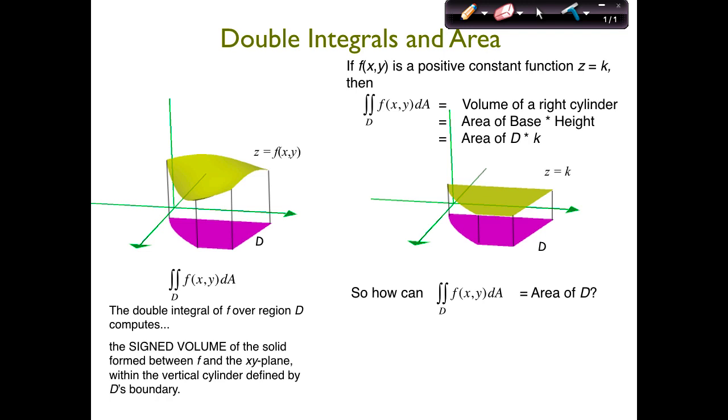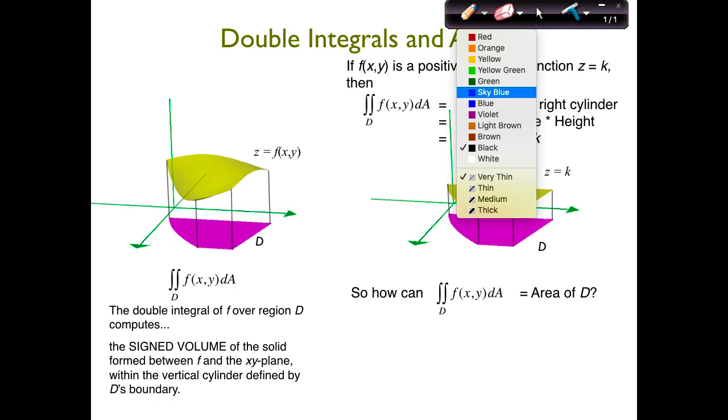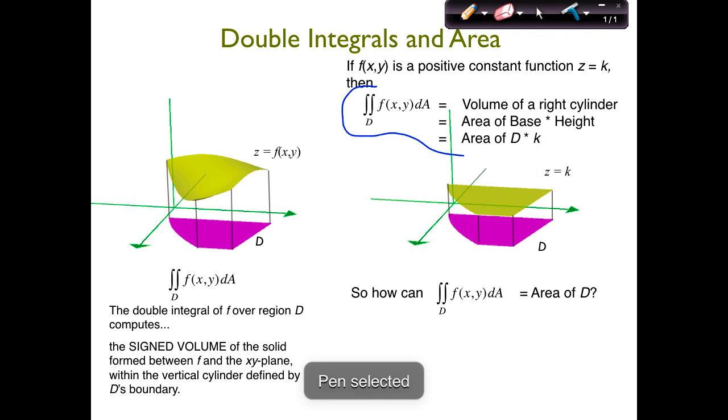How could we, looking at this right here, everyone think about this. How could we use a double integral to find the area of D? Or double integral divided by a constant k.